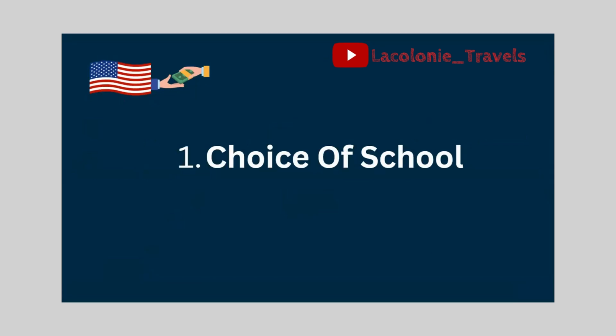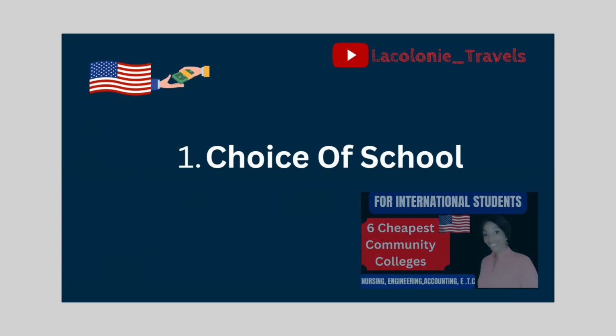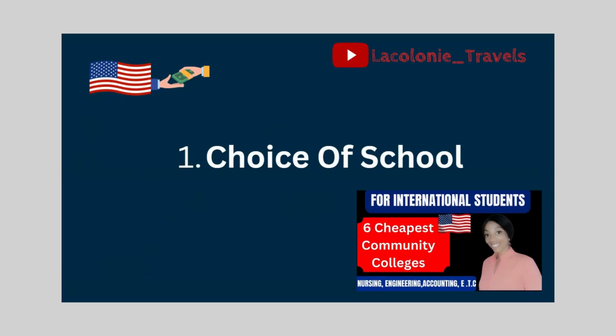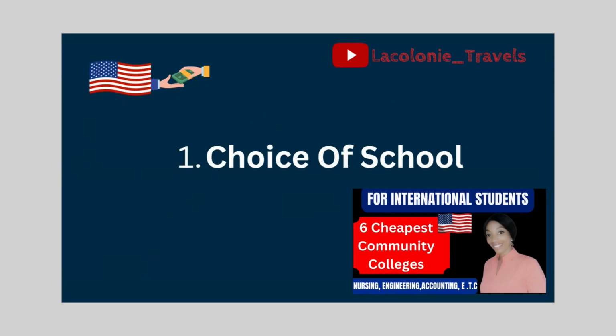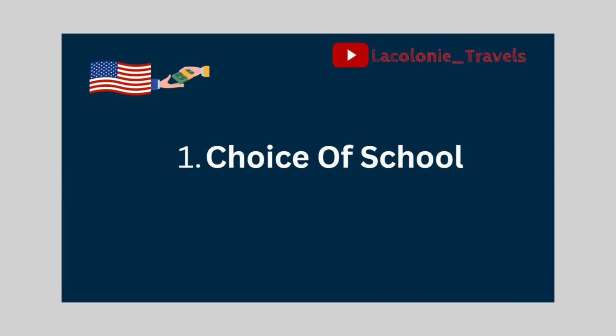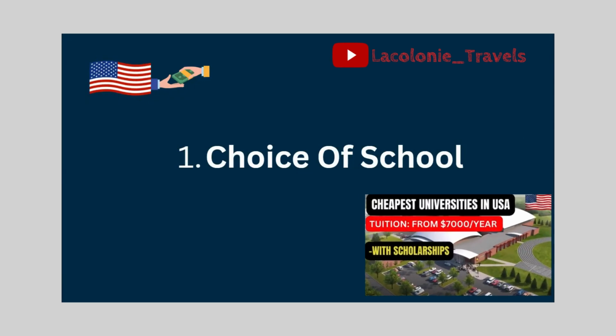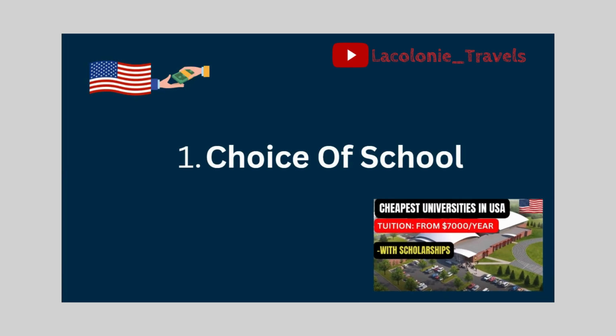The first one here we're talking about is the choice of school or the choice of college. It's important for you to choose the cheapest or affordable universities, affordable community colleges, or cheapest colleges you can find there in the US. On my YouTube channel, I have some videos already made with regards to the cheapest affordable community colleges you can find in USA, and then cheapest or affordable universities you can find in USA.